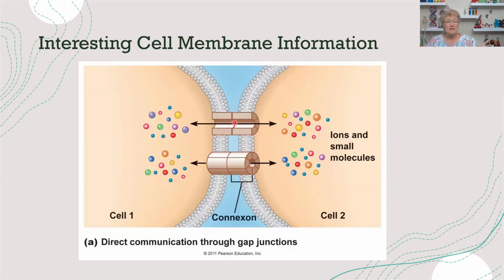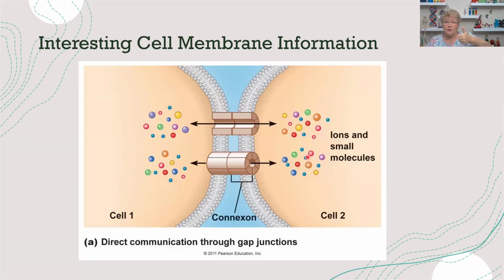Now, when there's a distress happening, when there's something going wrong with cell 2, it can actually slam shut these connexons. It can seal those tiny little holes. So let's say that the calcium concentration inside the cells suddenly shoots up. Usually it's pretty low. There's usually not a lot of calcium inside a cell.